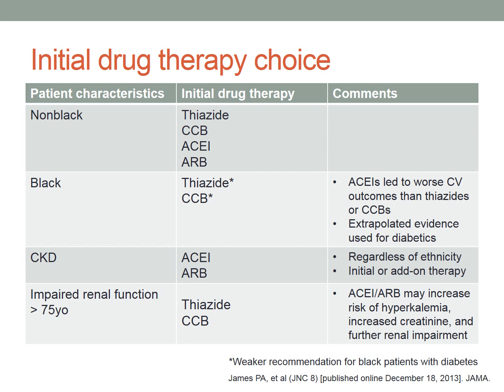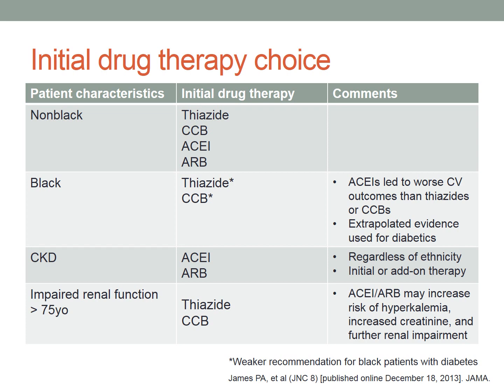Now, the recommendation for using a thiazide or calcium channel blocker for Black patients with diabetes is weaker than the recommendation for the general Black population, because outcomes for the comparison between the initial use of a calcium channel blocker compared to the initial use of an ACE inhibitor in Black people with diabetes were not reported in any of the studies that were eligible for the evidence review for these guidelines.